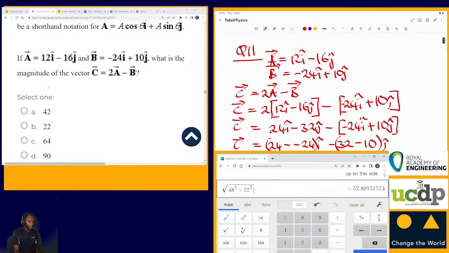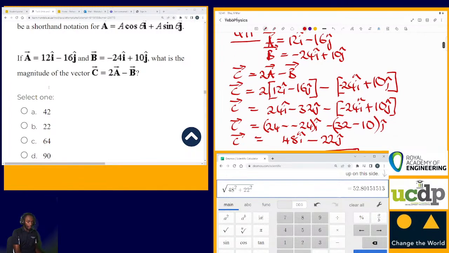So we had question 11, and our vector A is 12i minus 16, and vector B is negative 24 plus 10.